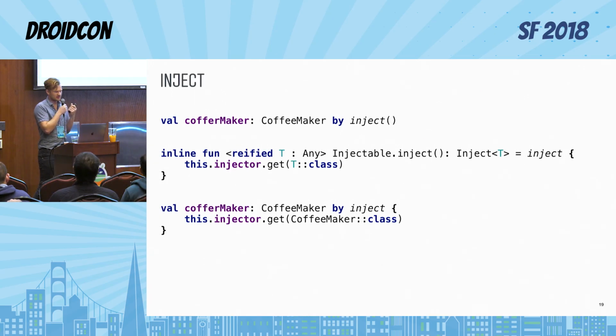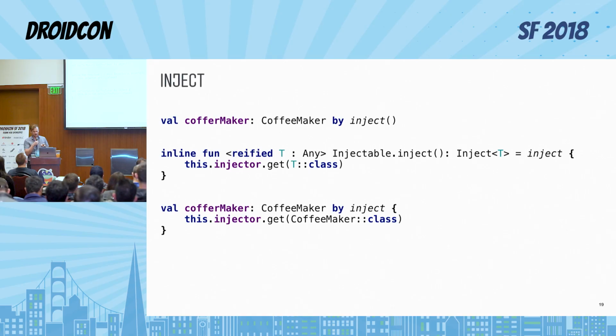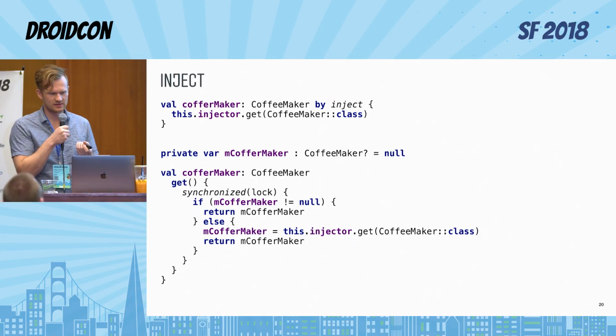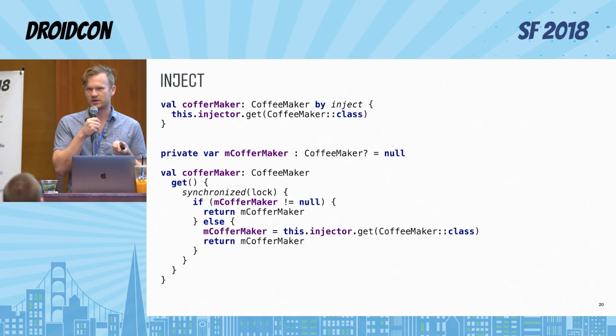Inject is actually an inline function, and inline functions during compilation are transformed to an expanded version of it, which will be an inject with a predicate that tries to access the injector and get the coffee maker instance out of it. And for those of you who are familiar with Kotlin, you can guess that inject is a delegated property.